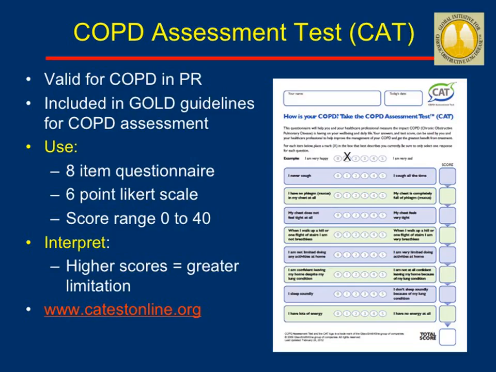So this is an easy tool for the patients to complete and understand. Higher scores are associated with greater limitation, and there's ever-increasing validation of this tool, and it certainly is simple from a scoring, reporting, and patient completion standpoint. Next slide, please.